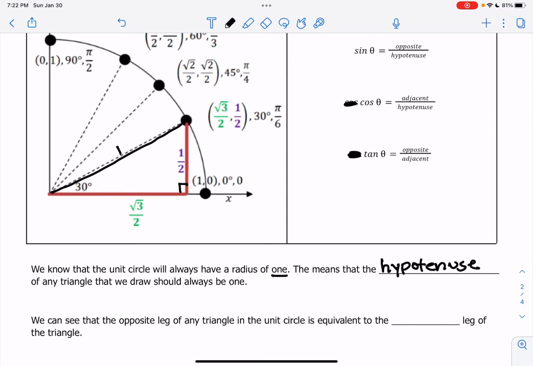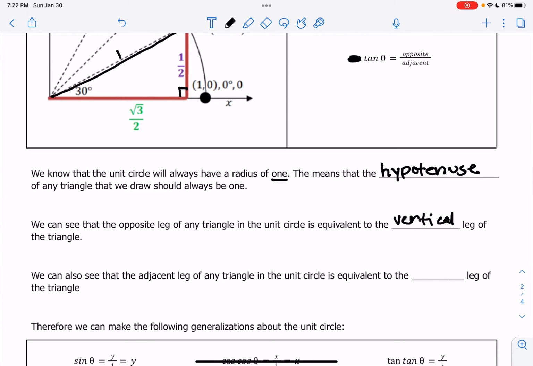We can see that the opposite leg of any triangle in the unit circle is just going to be the height. So that's going to be equivalent to the vertical leg of the triangle, and that's just going to be the y value.